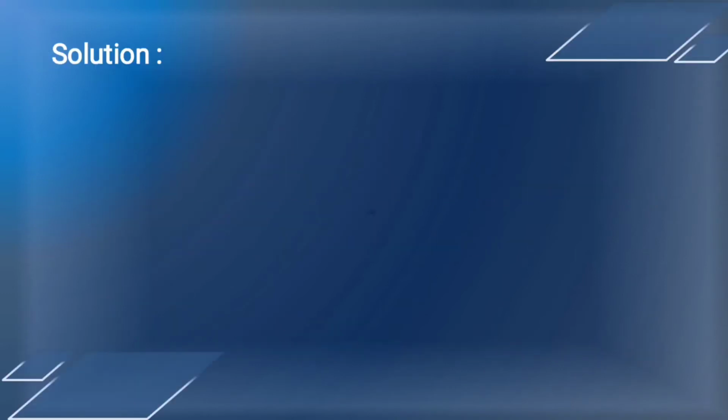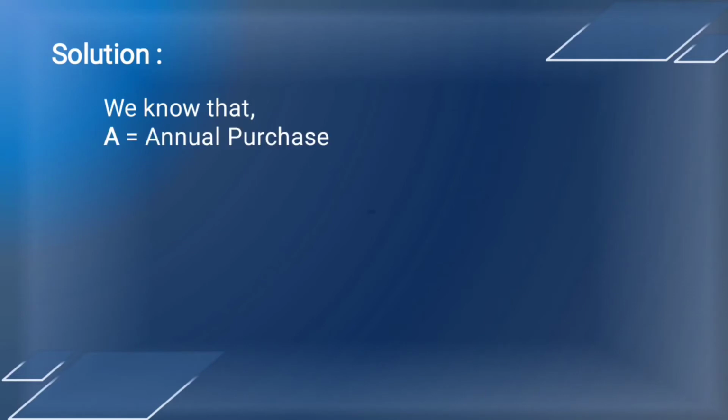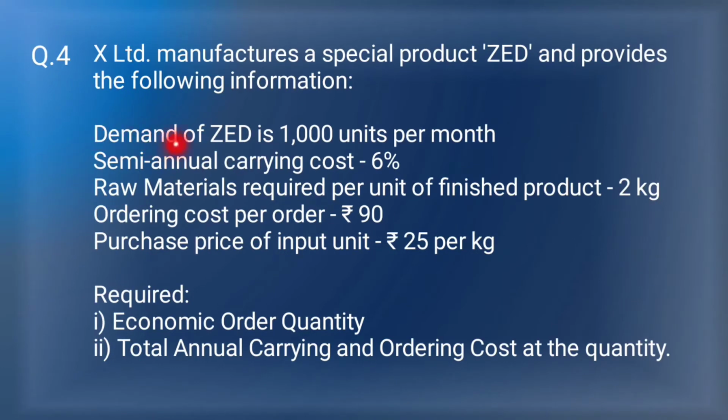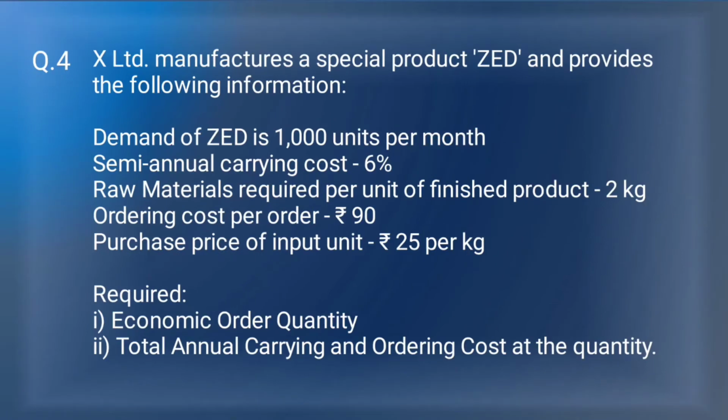So let us start with the solution. We know that A stands for annual purchase, which will be equal to demand for ZED is 1000 units per month and raw materials required per unit of finished product is 2 kgs.